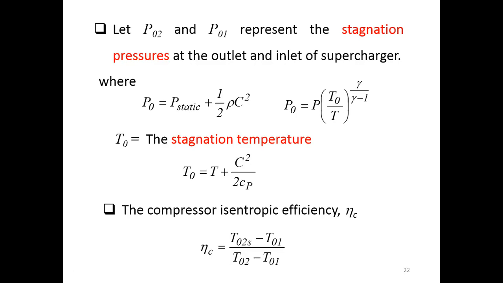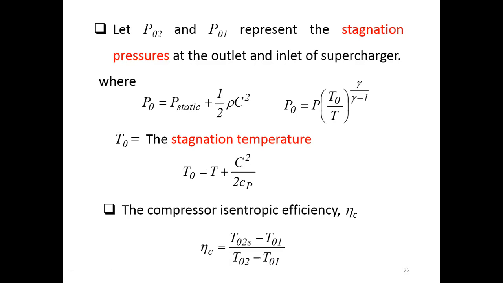When you look at these equations, they just come from the definition of the compressor isentropic efficiency, which is equal to the isentropic work divided by the actual work. The above one represents the isentropic work if the compressor works under isentropic conditions, and the one below represents the actual amount of work for these superchargers.